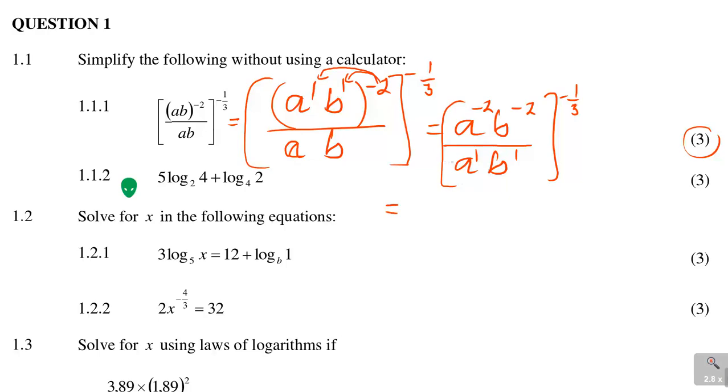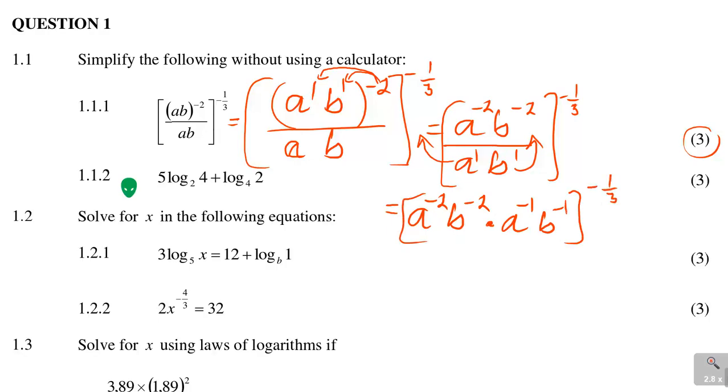Now I need to take a to the top and b to the top. It will become negative. So I've got a to the power -2, b to the power -2 times a to the power -1. It changes from positive to negative, b to the power -1. So that's what it does, and remember, this is to the power -1 over 3.